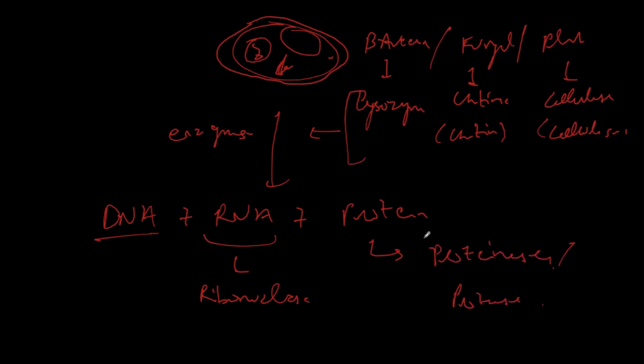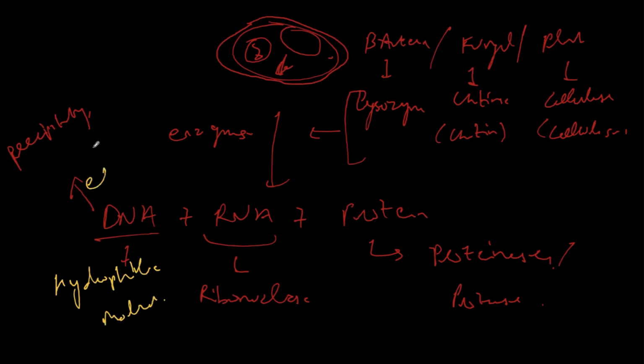After removal of the RNA and the protein, the DNA can be isolated by precipitating it. We learned that DNA is a hydrophilic molecule, so the second we add ethanol or propanol, it will precipitate in the tube itself.